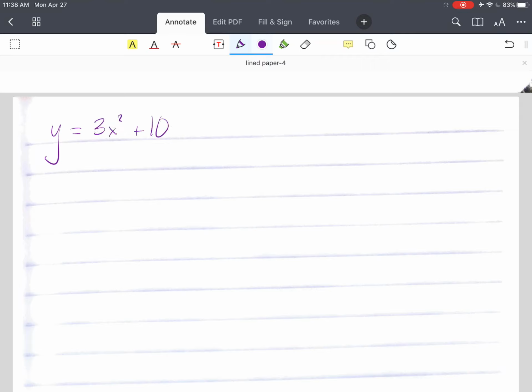Let's try y equals 3x squared plus 10x plus 8. What does a equal? 3. What does b equal? 10. And what does c equal? 8.